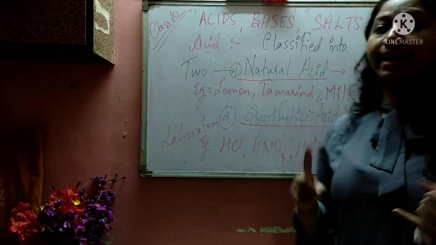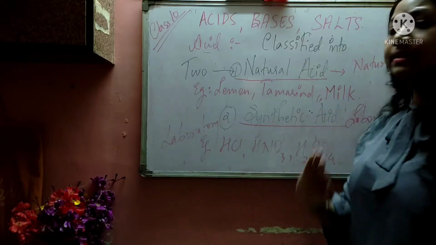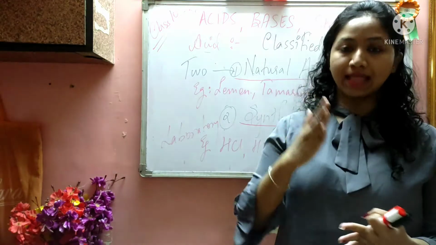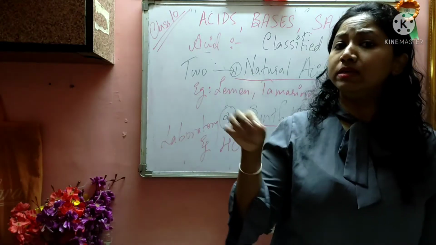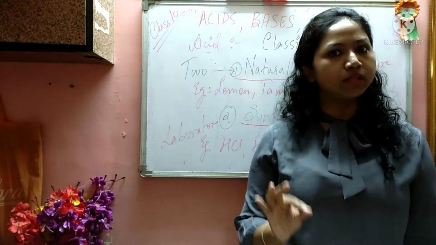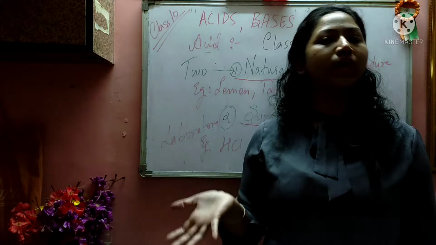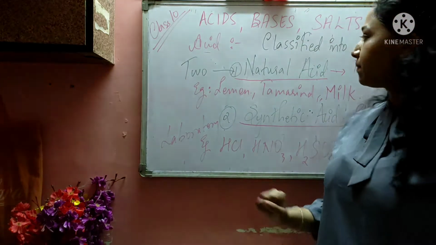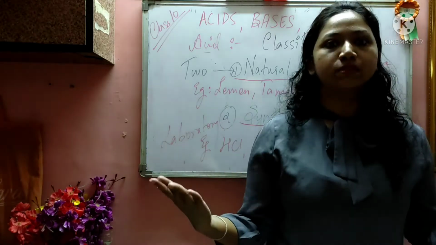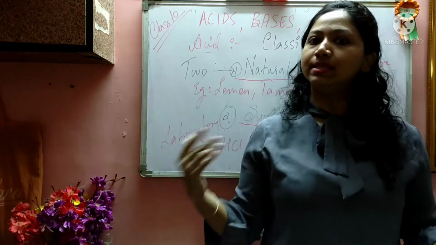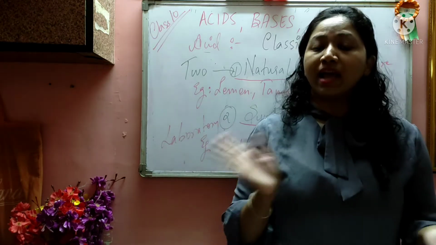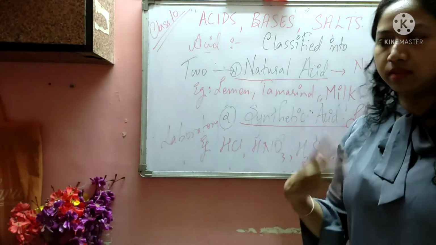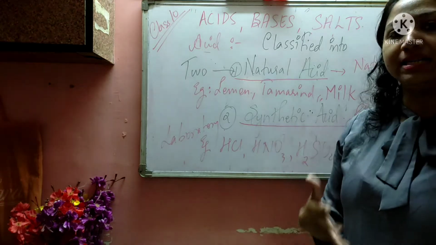So what is acid, guys? First, it is sour in taste. Then its pH will be less than 7. And third, whenever you dip blue litmus into an acidic solution, it turns red, an indication of acid. Then there are two types of acid, natural and synthetic. Natural acid is the acid which you get from nature, derived from plants and animals.